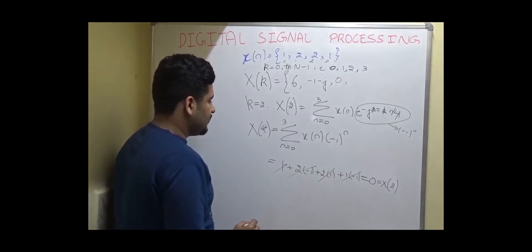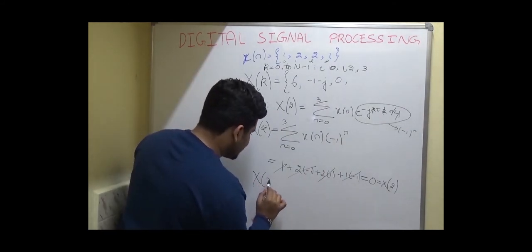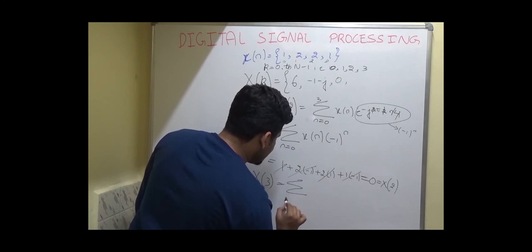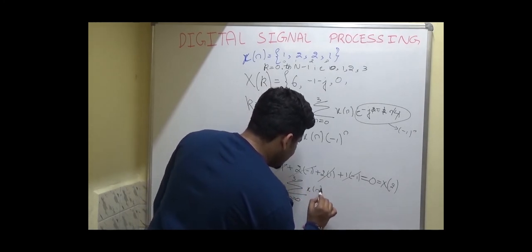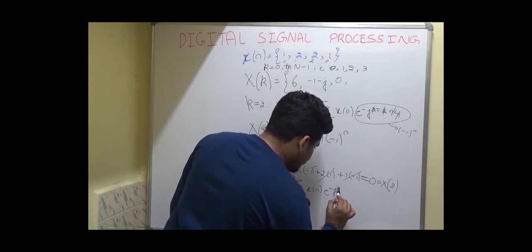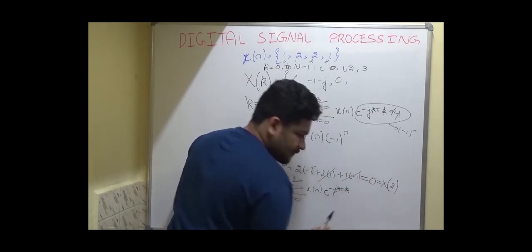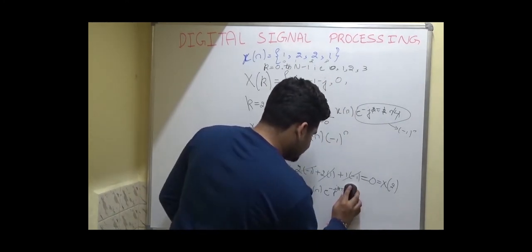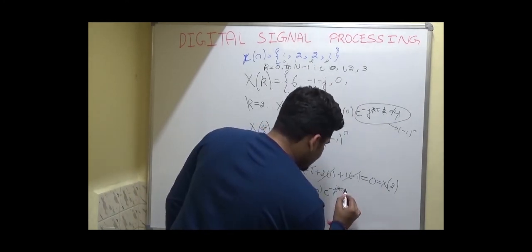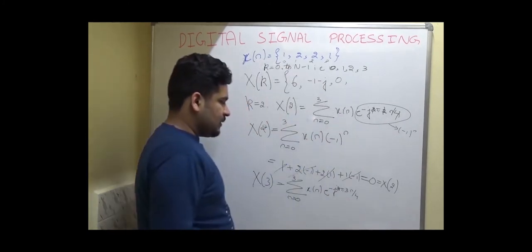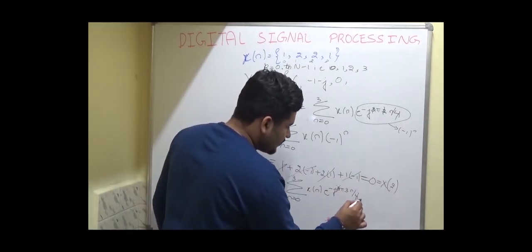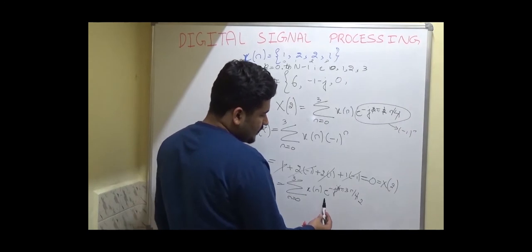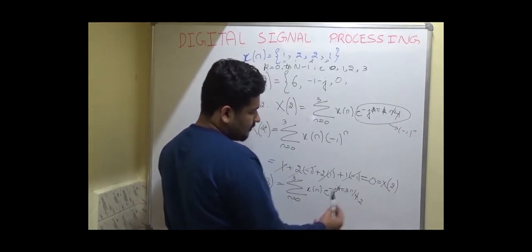Okay, fine. Now let us find what is the value of x of 3. X of 3 is equal to summation n varied from 0 to 3 x of n e raised to the power minus j 2 pi k n divided by 4. Okay, I can directly substitute over here, k is 3, so e raised to the power minus j 2 pi into 3 n divided by 4. Now here again there is another property, cancelling 2 ones are and 2 twos are, this becomes e raised to the power minus j 3 pi n by 2.